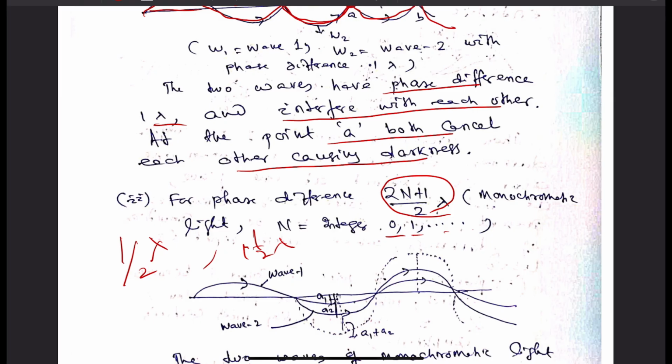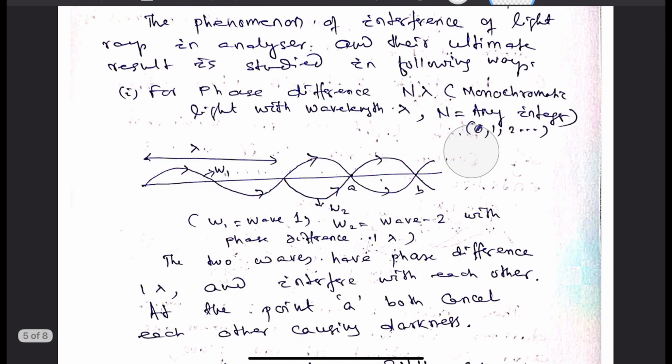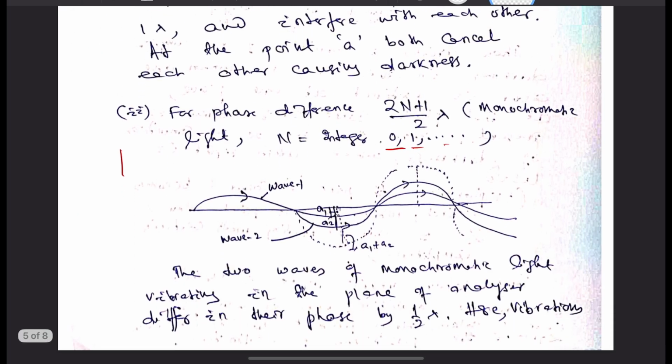Let us consider the two waves with phase difference lambda by 2. This is the color for the first wave, and this is for the second wave.